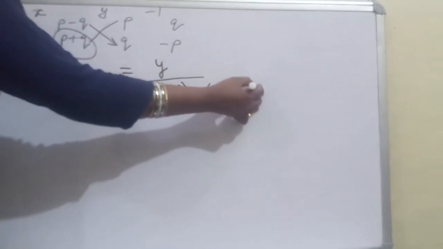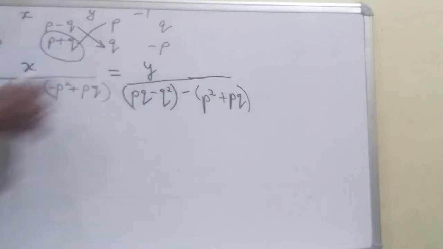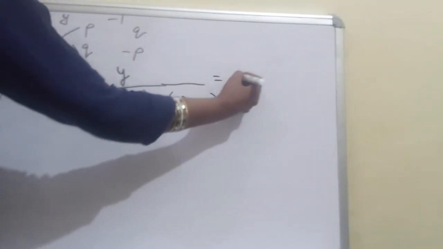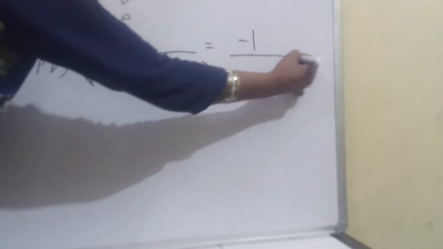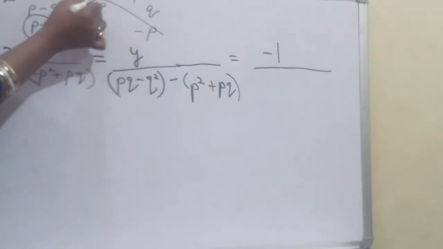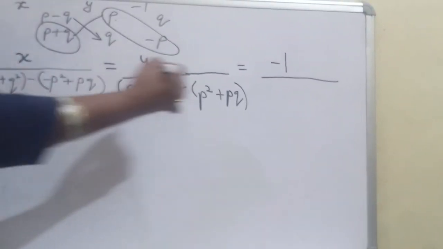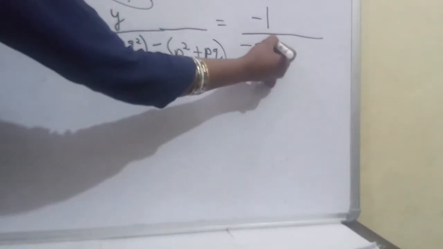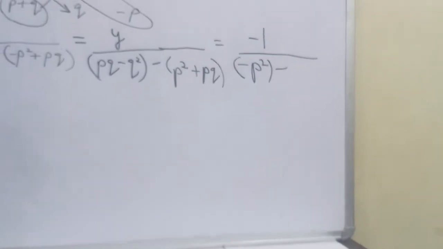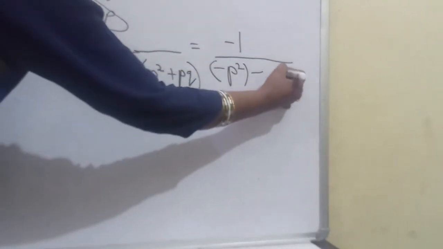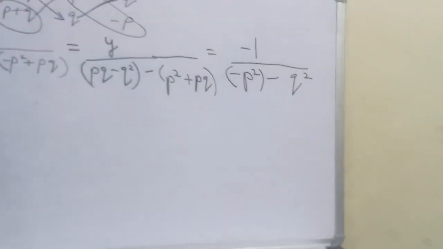Now we have to find out the third one, and that is for -1. -1 upon. It should be p into minus p, that is minus p square. This sign of minus we have to put by ourselves, and q into q, that is q square.